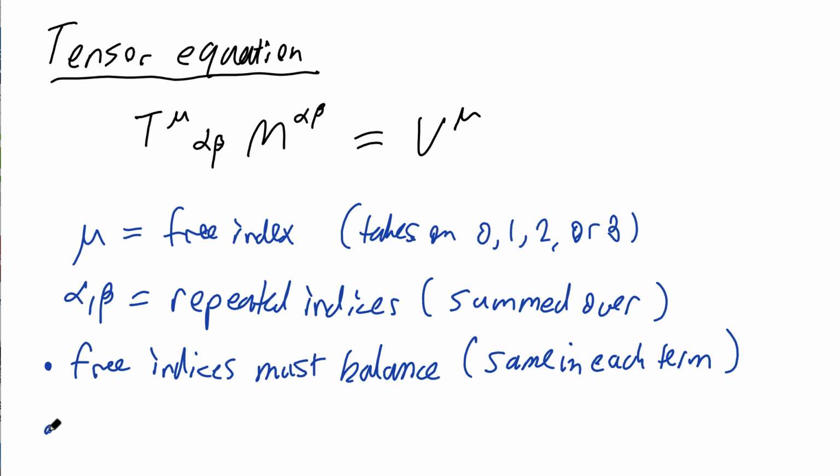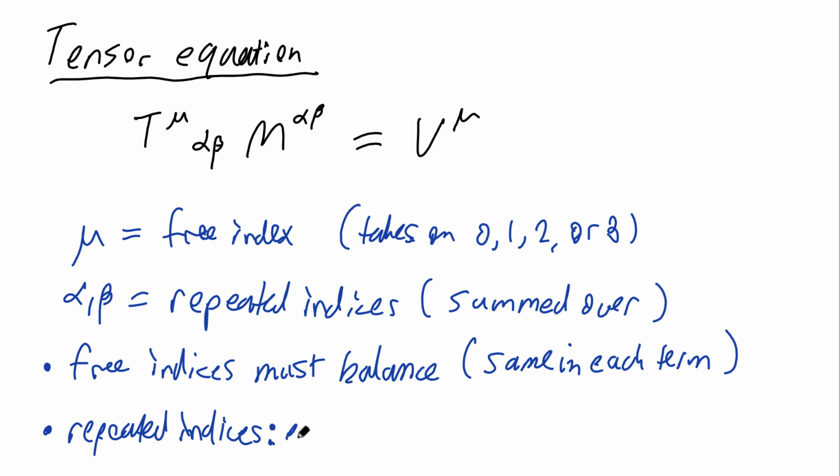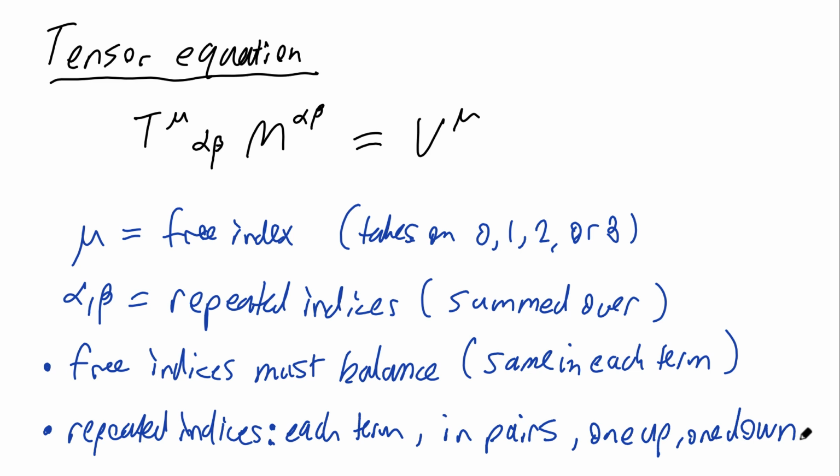And the second rule is for repeated indices: in each term, the repeated indices occur in pairs, one up and one down, because it always represents a covector acting on a vector, or a covector component of a tensor acting on a vector component of a tensor.